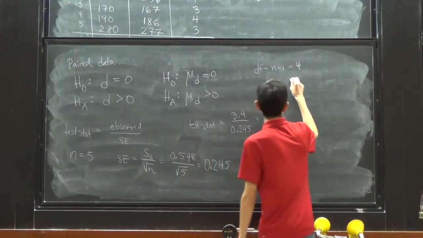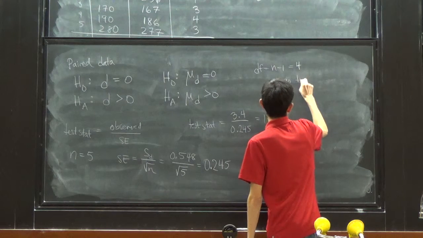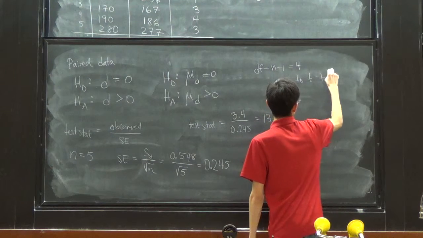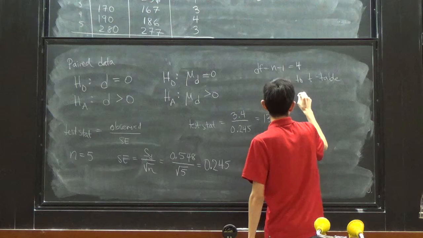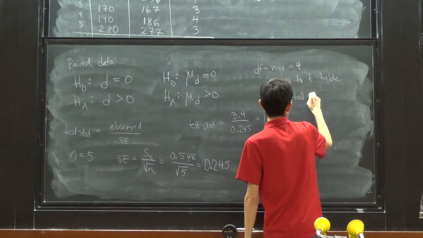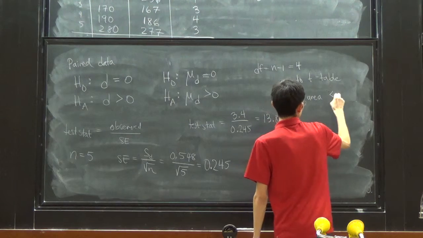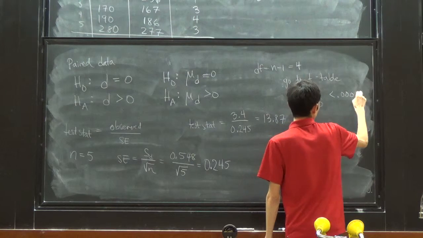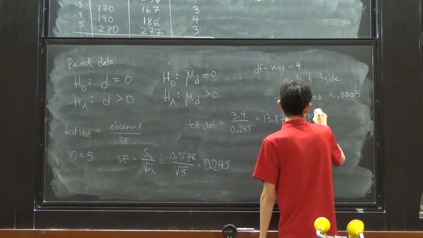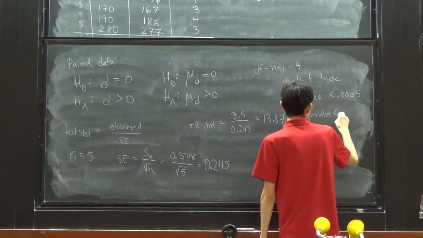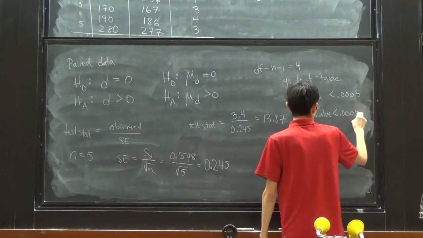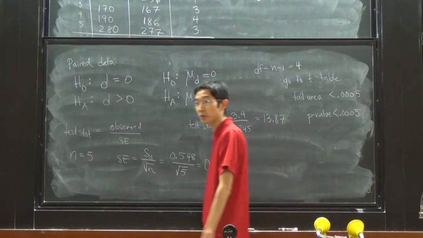Okay, so we go to the t-table, and we conclude that our tail area is less than 0.0005. And that is my p-value. Okay, so my p-value is indeed less than 0.0005.